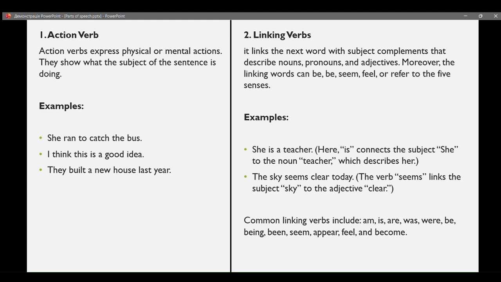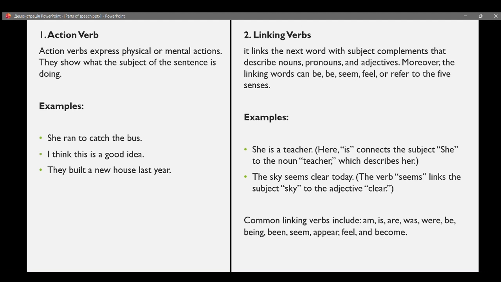Second one is linking verbs. It links the next word with the subject. Moreover, the linking verbs can be seem, feel, or refer to the five senses. Examples: She is a teacher. Here is connects the subject she to the noun teacher, which describes her.